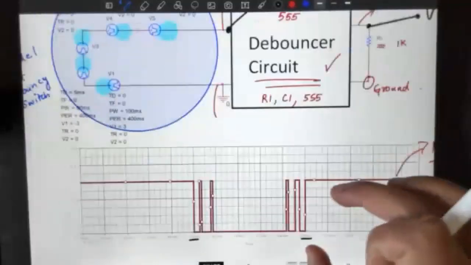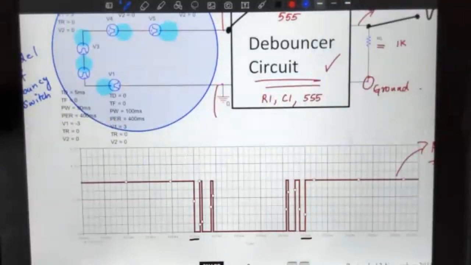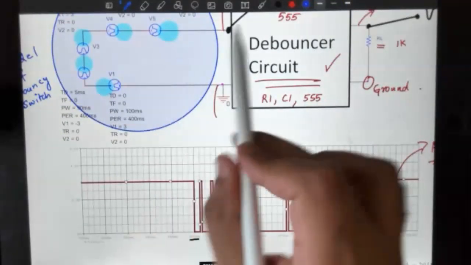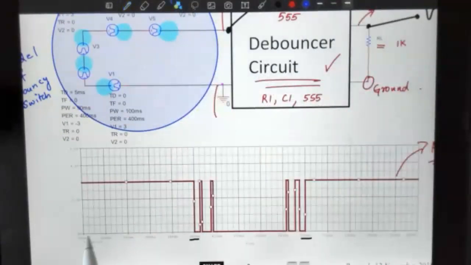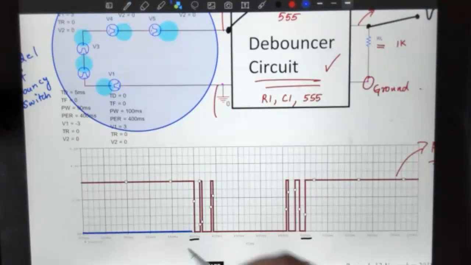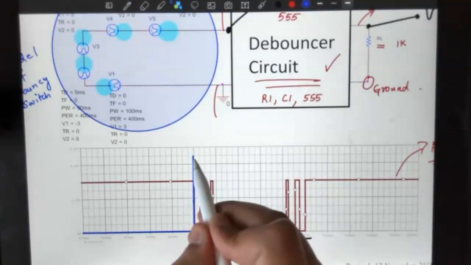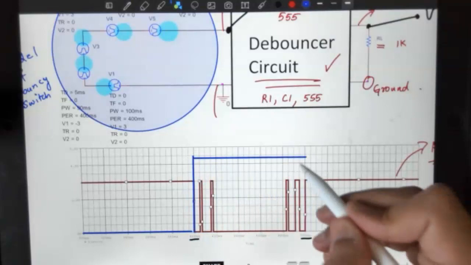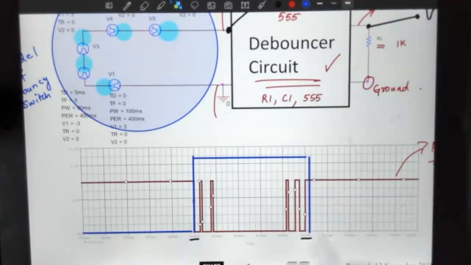So what happens is, if you do this right in your simulation, you should get an output which looks like this. You should have low until that place, should go high here, and then it should stay high for some time, and then it should come back down after that thing has finished bouncing. So that's what you need to observe on pin 3.